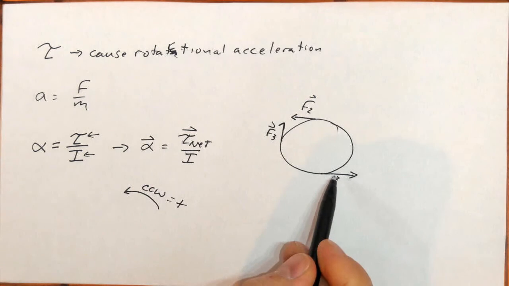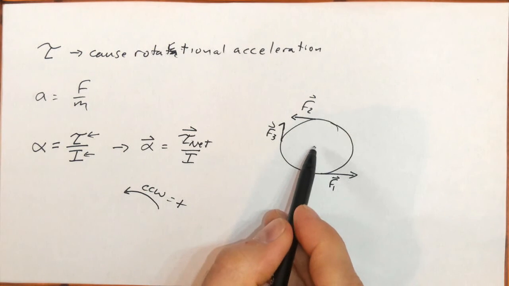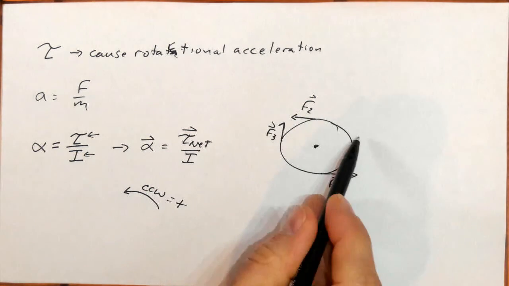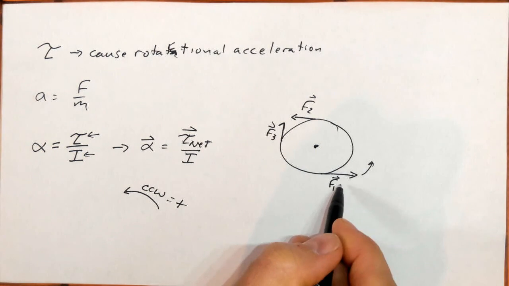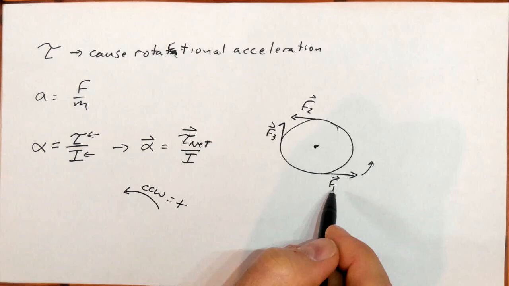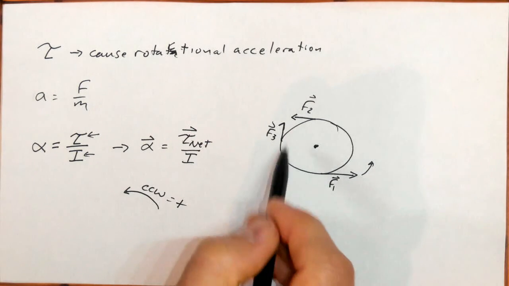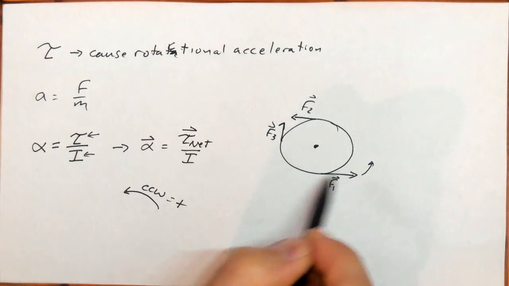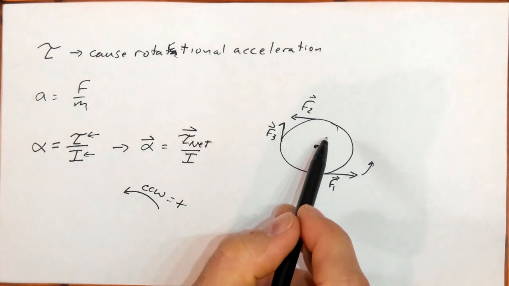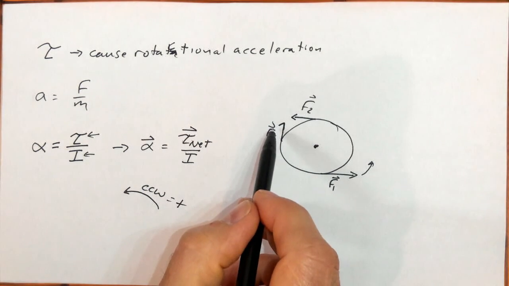Well, this force would cause this thing about an axis to its center to rotate that way. So this alone would cause it to rotate in the counterclockwise direction. So this would cause a positive torque. This one too would cause it to rotate counterclockwise. So it would be a positive torque. This one would cause it by itself to rotate clockwise, which means this would be a negative torque.